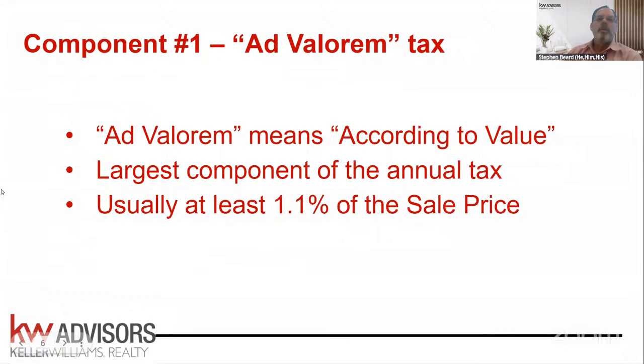Okay. Let's talk about this ad valorem tax a little bit more. So we talked about ad valorem meaning according to value. It is by far the largest portion of the tax, right? If the tax is $10,000, probably at least 8,500 of it is ad valorem. It's almost always, at least for residential property, at least 1.1% of the sale price.